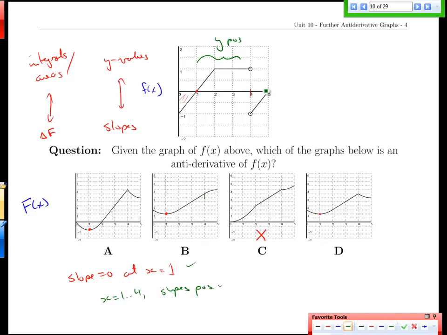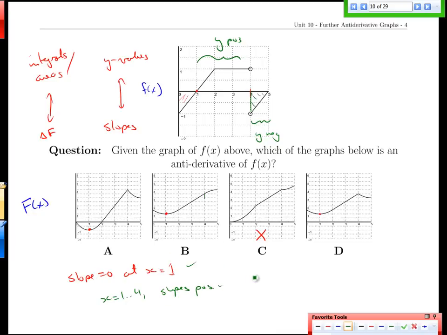When we reach 4 and go to 5, what's going to happen? Well, again, we're going to have negative y values, or an integral region here that's below the x-axis, negative. So we'll have negative y values on the original graph. The antiderivative will be negative then.